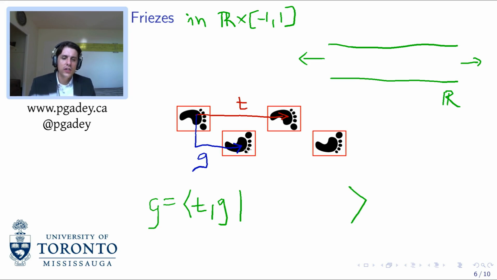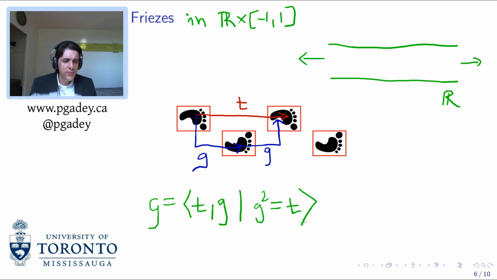So one thing that we can note is that if we apply G and then apply G again, then we go left, right, left. And that has the same effect as translating. So we wind up with the relationship that G squared is equal to T.